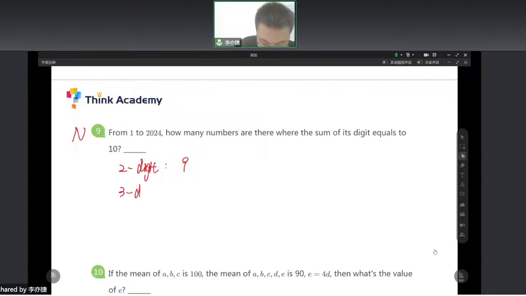For three-digit numbers, it's A, B, C, where A plus B plus C equals 10. Again, we can use the plate insertion method. A is at least 1, but B and C can be 0.